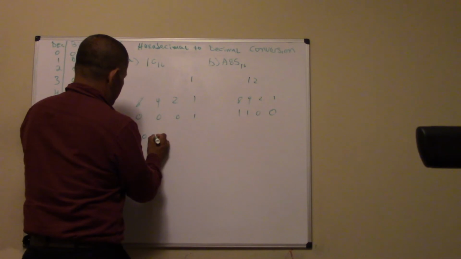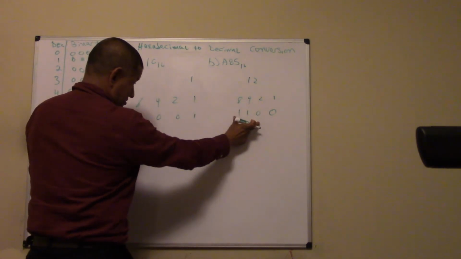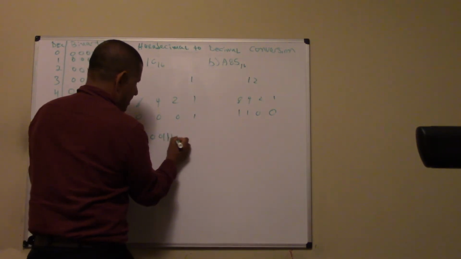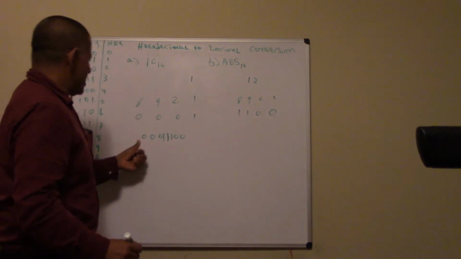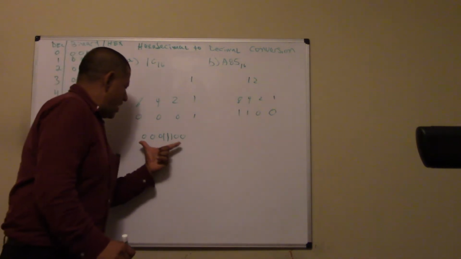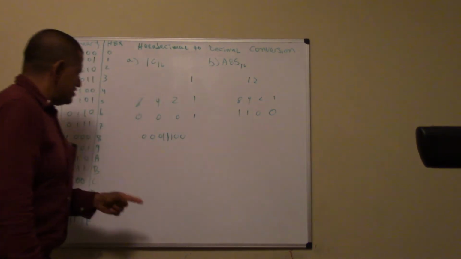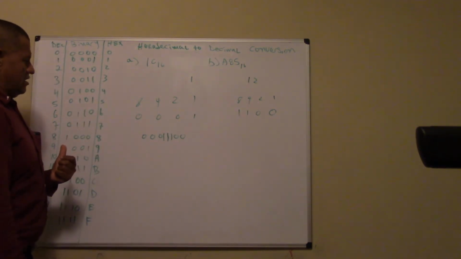I put 0, 0, 0, 1, and then I bring this here and I put 1, 1, 0, 0. So now I have this together, one binary number. So this is base 2 now, so I went back to base 2.